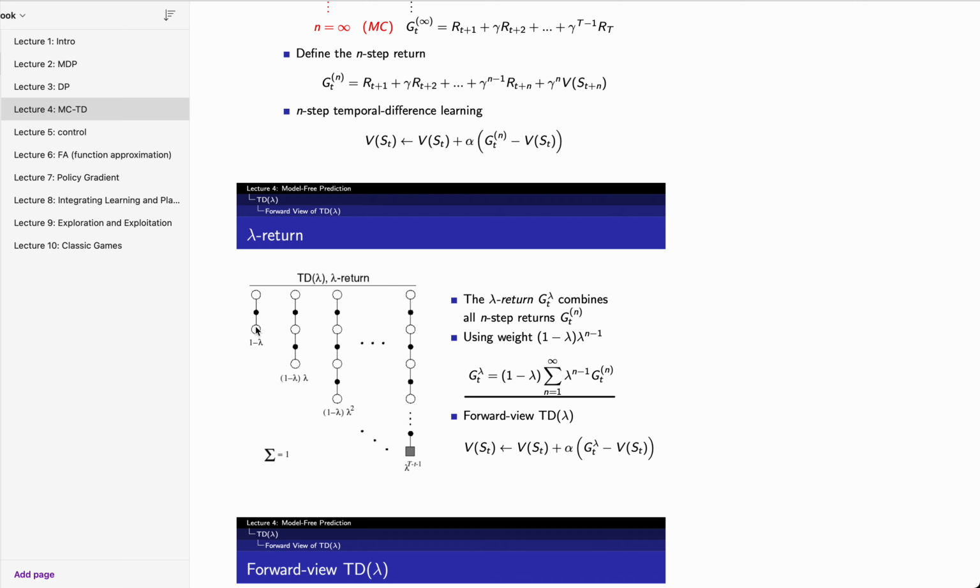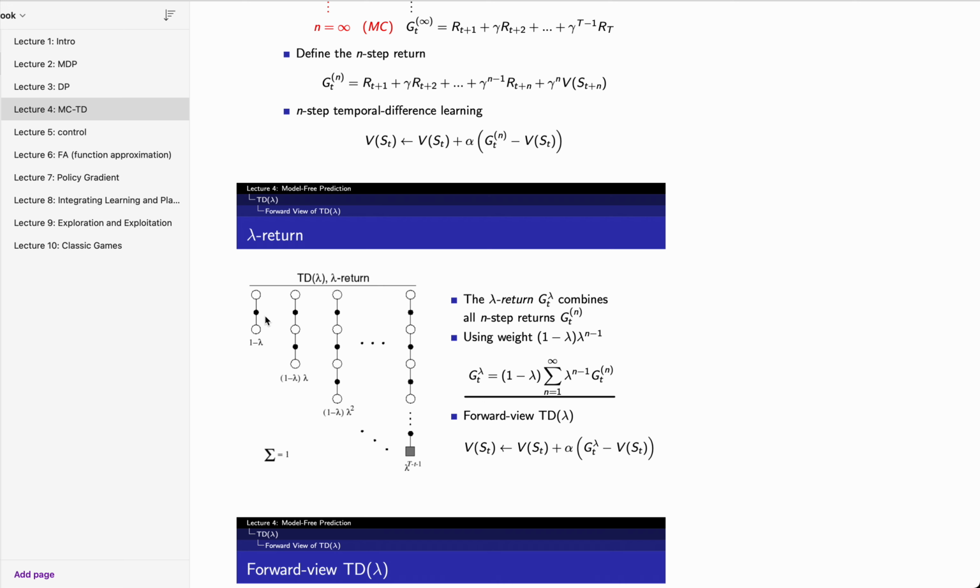I can find out the TD target of each of these steps and then add a weighting factor: 1 minus lambda times lambda, lambda squared if I'm taking 2 more steps, or lambda to the power T minus 1 if I'm taking multiple steps.